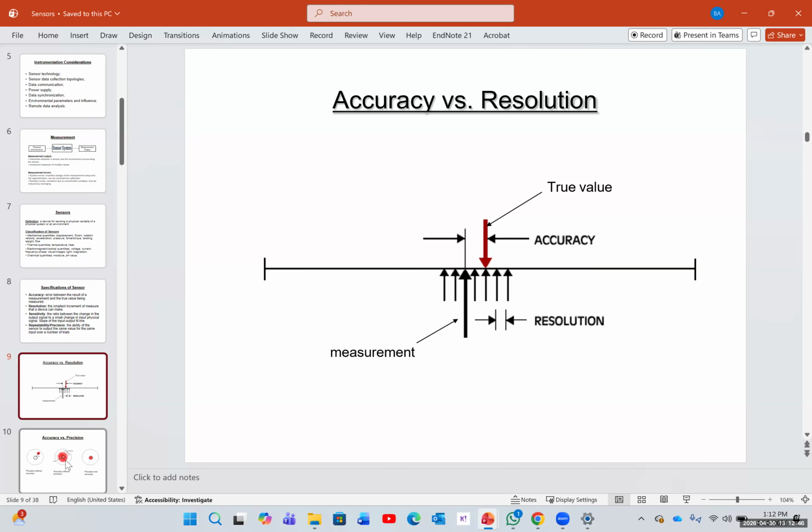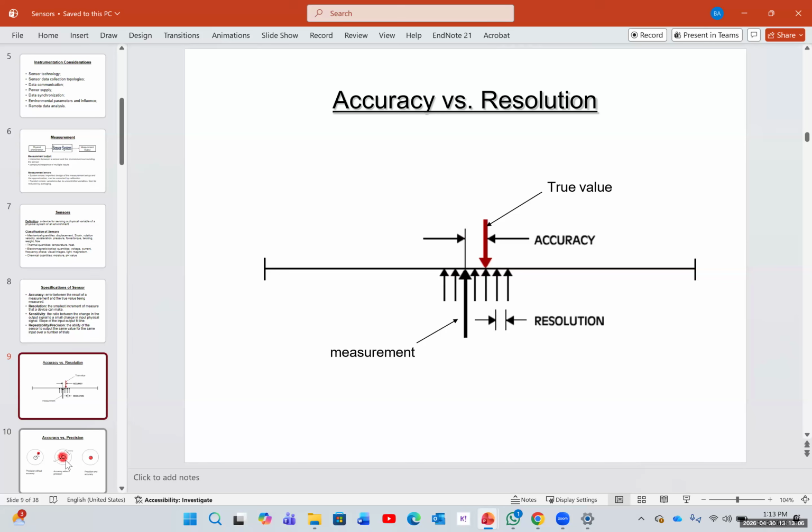An example: imagine you have two multimeters. One can measure in half volt increments. The other can measure in 0.01, 1 millivolt, or 10 millivolt increments. So the one that can measure 1, 2, 3 millivolts has much higher resolution compared to the one that can only measure half a volt.